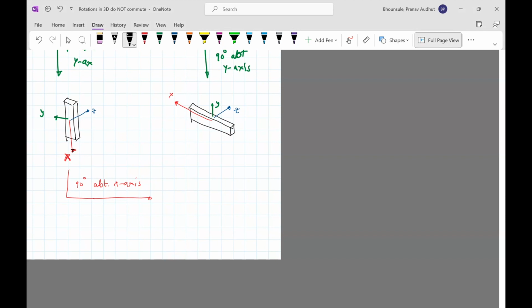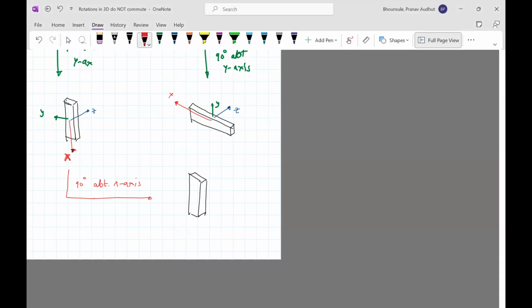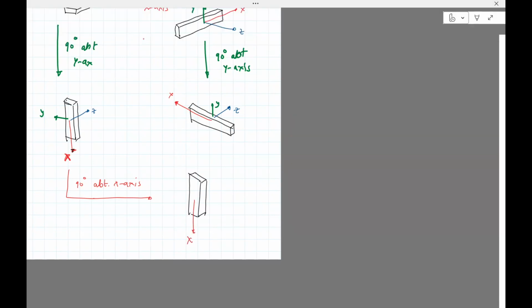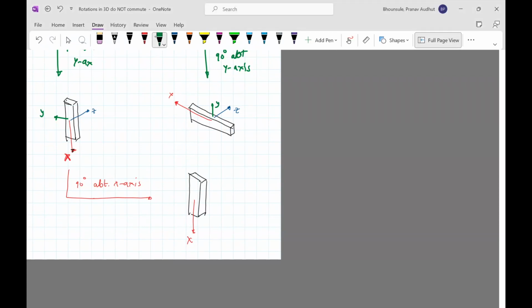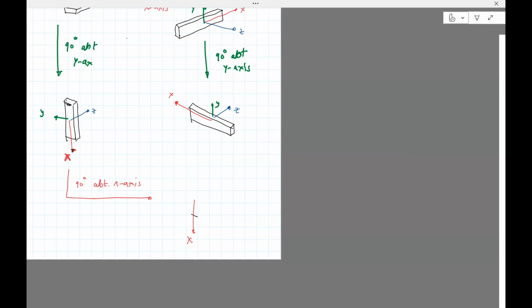So if you do that, this face will be like so. My bad, this is not right. So when you do this, the biggest face, the one with the largest area, will be facing the other way.